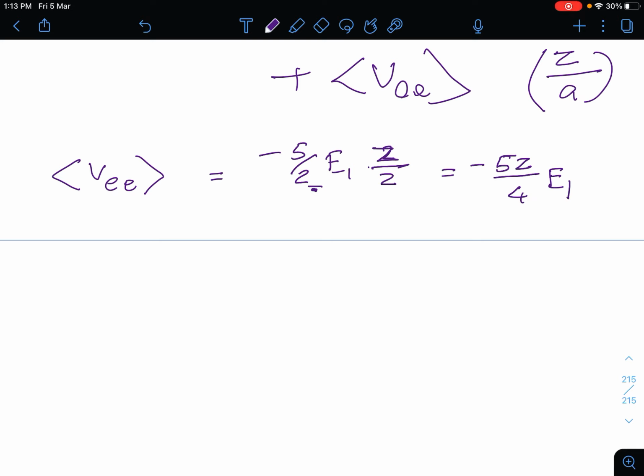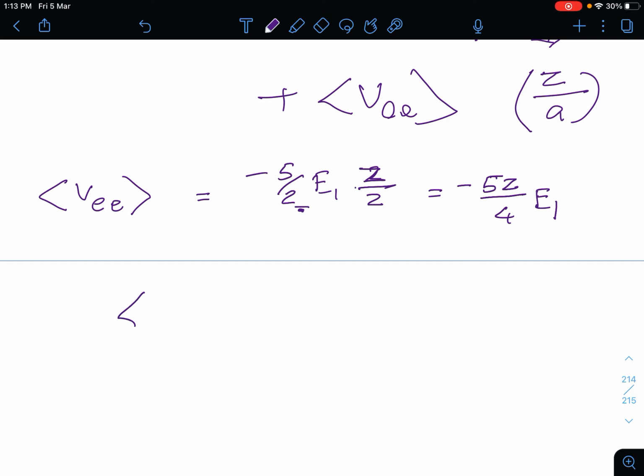Okay, so all these terms we put back into the Hamiltonian.